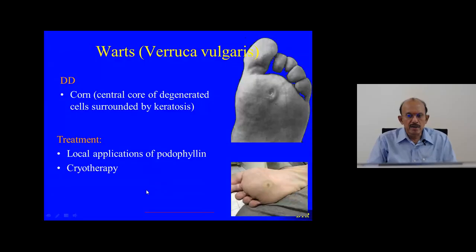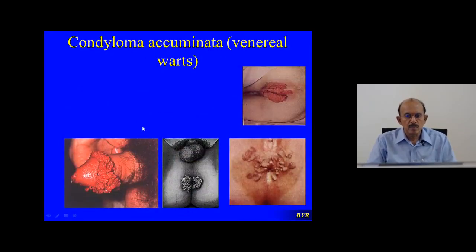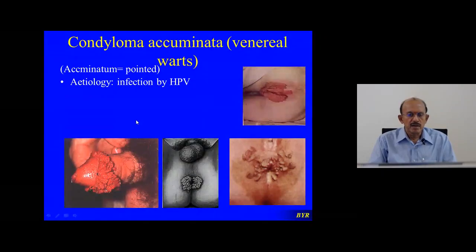Then cryotherapy, curettage, and diathermy. Then venereal warts, also called condyloma acuminatum. Already we have studied it in relation to the penile lesions. Acuminatum means pointed. Etiology: infection by HPV virus.